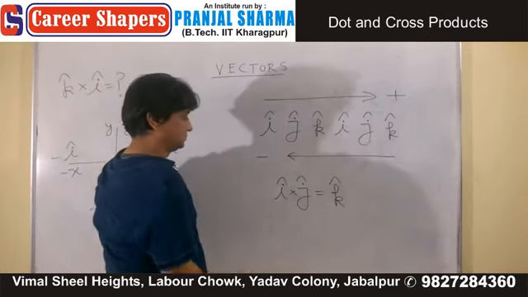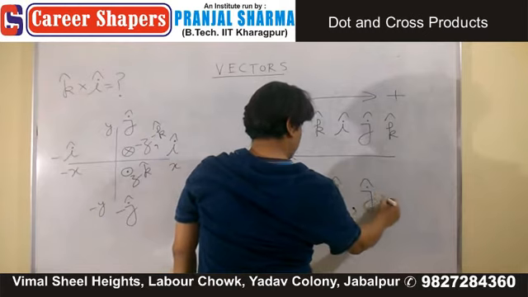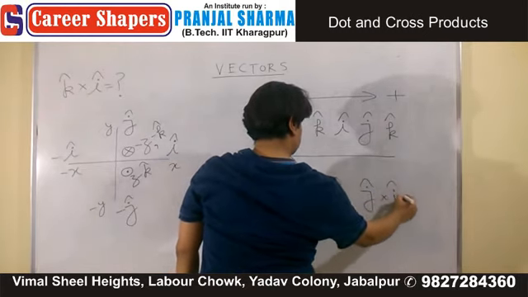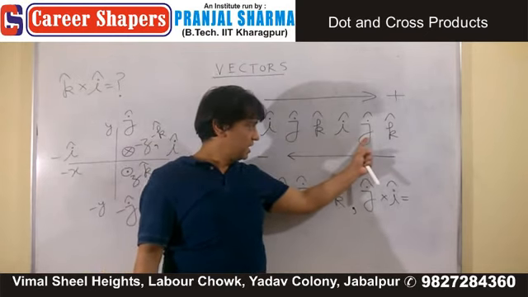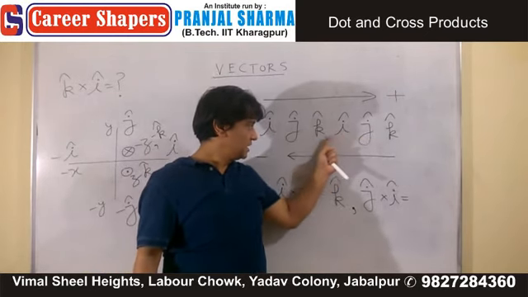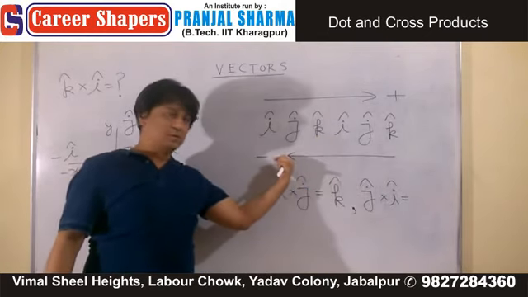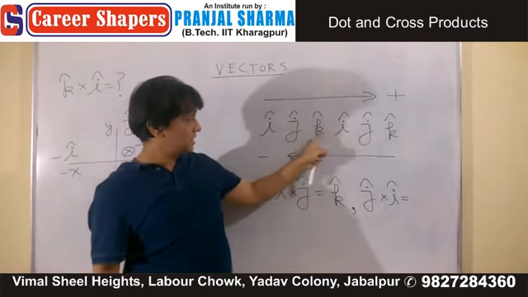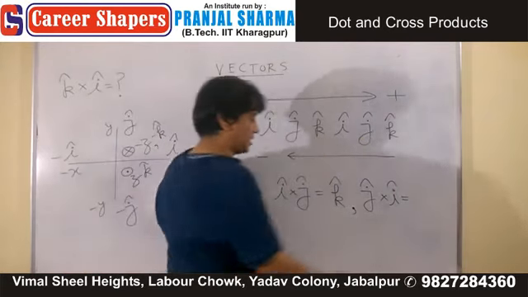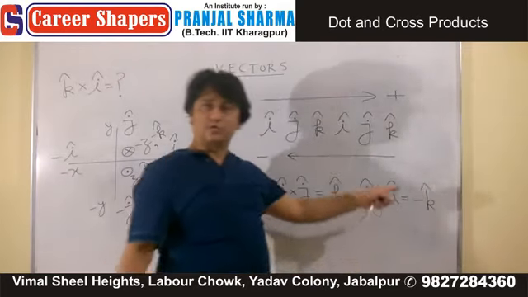Again, if they go for J cross I, what is J cross I? J cross I, next one. But you are moving in this direction. And therefore things are negative. J cross I is minus of K cap.